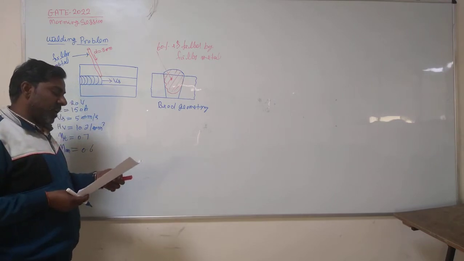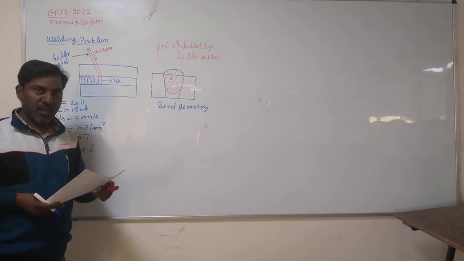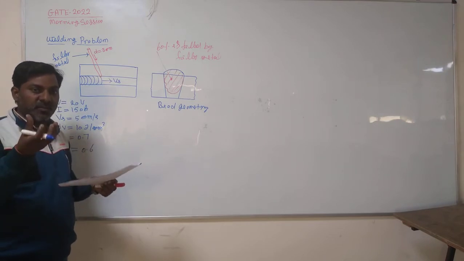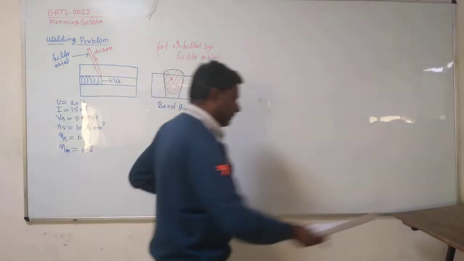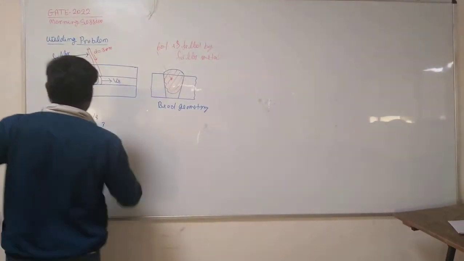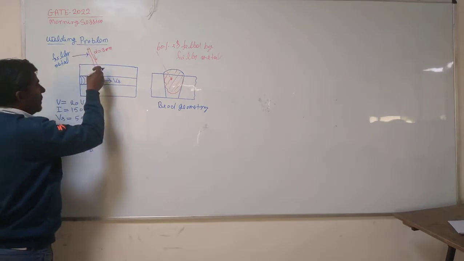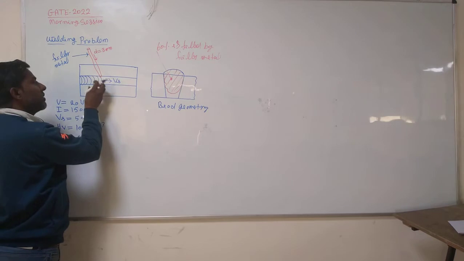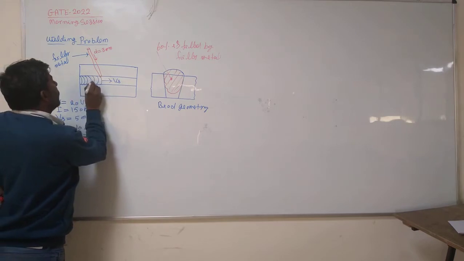Now let us see what they are asking. The feed rate of the filler wire in mm per second. mm per second means speed. ठीक है. So look at here what they are asking. Welding speed is given. Some of the material is melted from the workpiece, and they are moving.